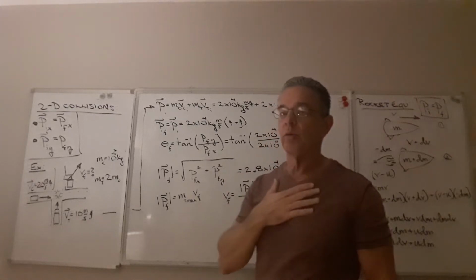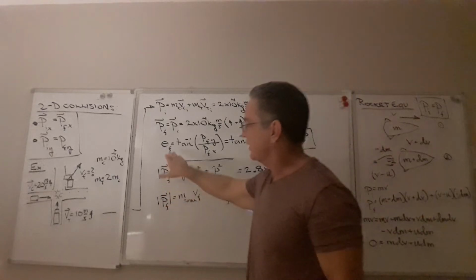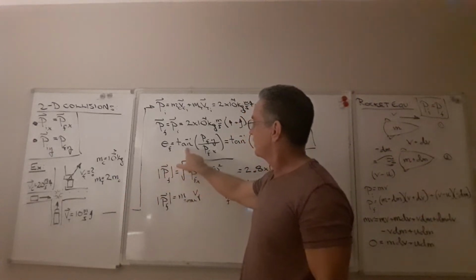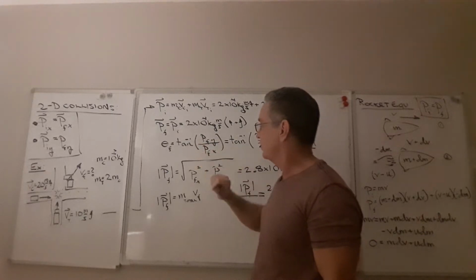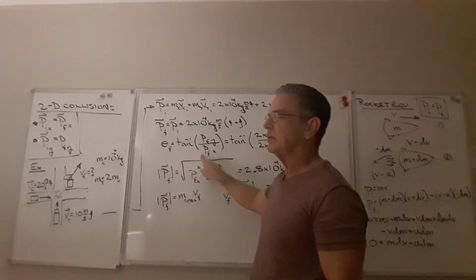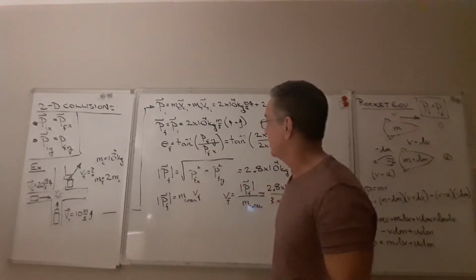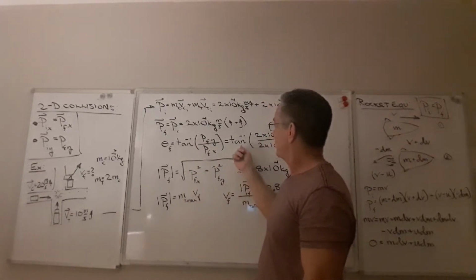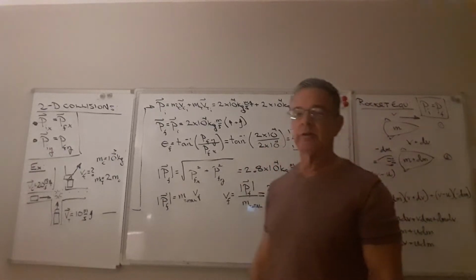Now we can solve for the angle, the final angle that they move off at. It's going to be the inverse tangent of the y component of the final momentum over the x component of the final momentum. And if we do that, we get the inverse tangent of 1, which is 45 degrees.